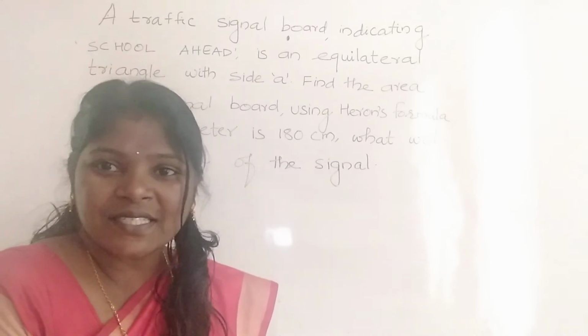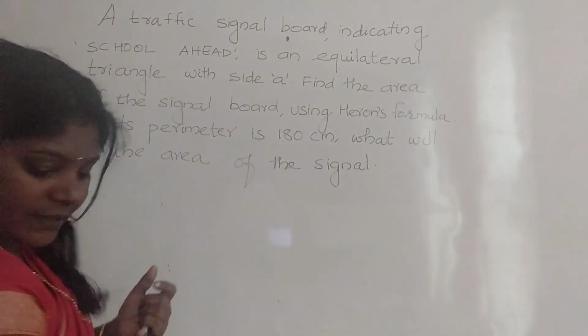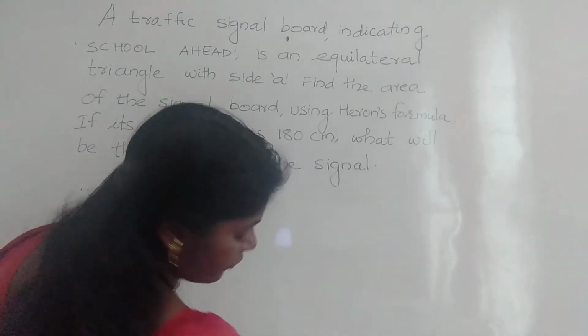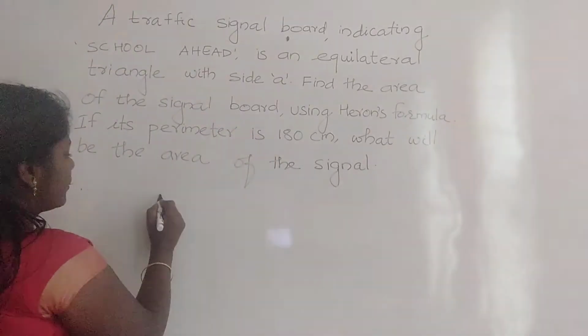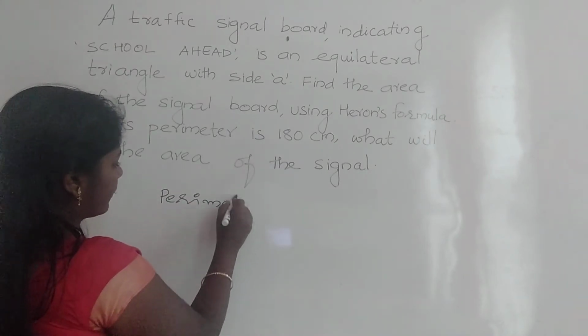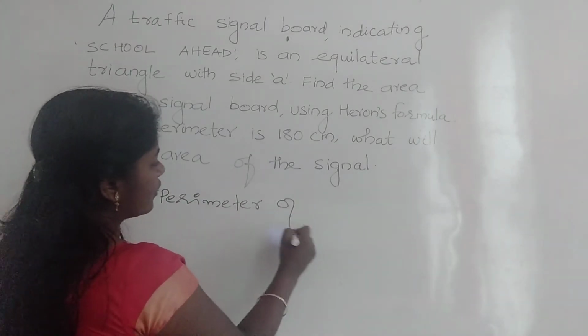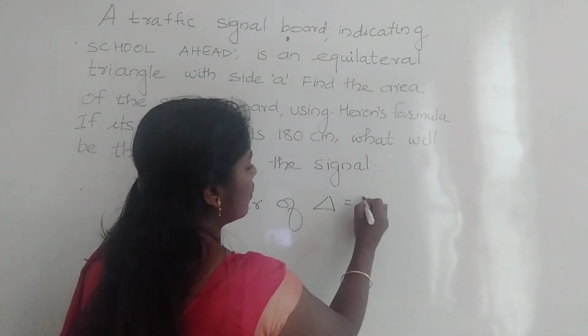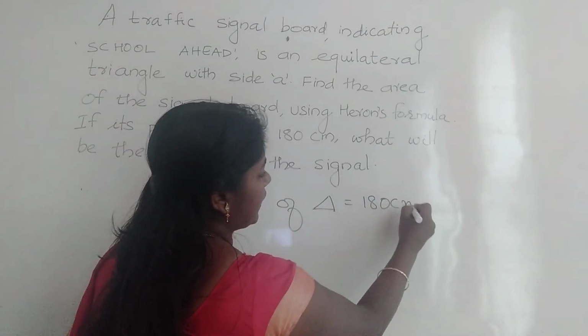Okay, let us start. What are the hints given? That we should write first. Perimeter of the triangle given. What is that? 180 centimeter.